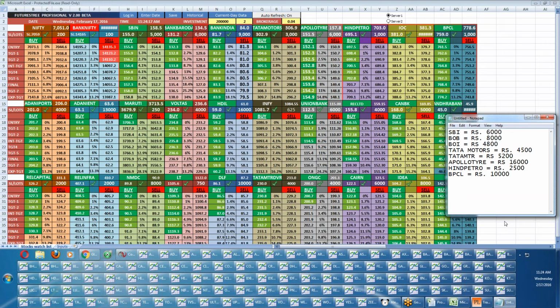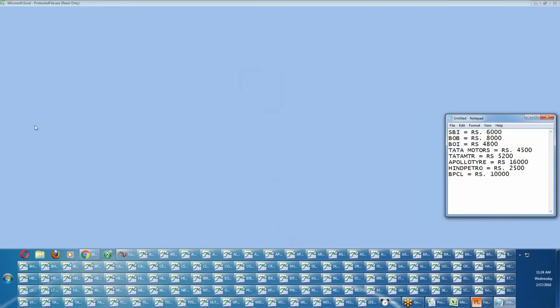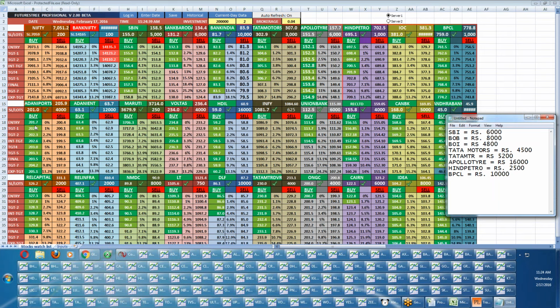Adani Ports, we had a sell call. It did all its final targets, and again we have this buy call. I am not calculating this sell side profit. I am calculating this buy side profit. 205.80 is the current price, and your entry is 201.70.